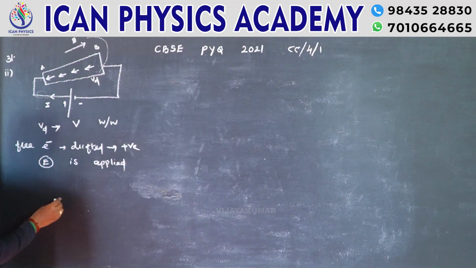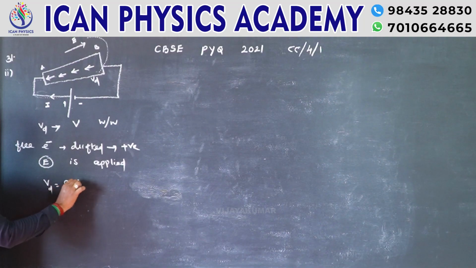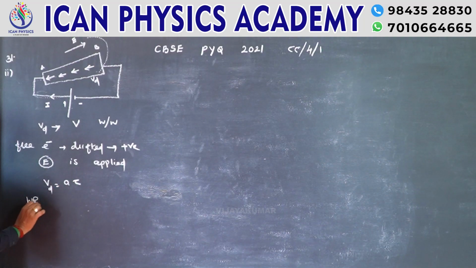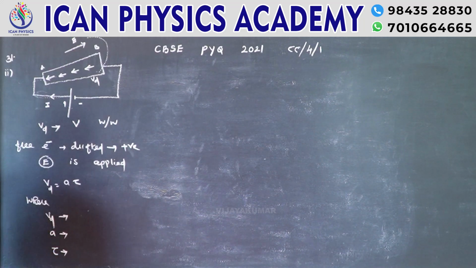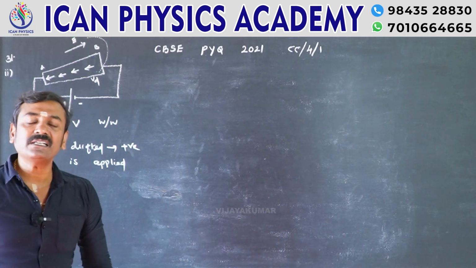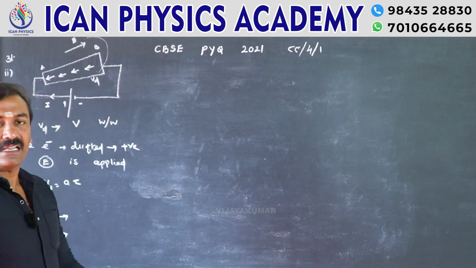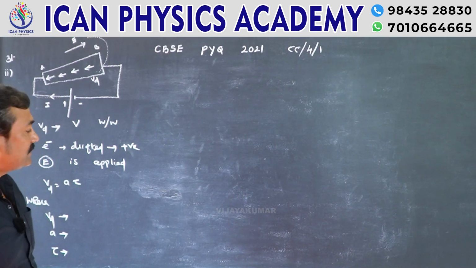Then what is the formula for drift velocity? Vd equals a tau, where Vd is the drift velocity, a is the acceleration, and tau is the average time between successive collisions, or otherwise the relaxation time.